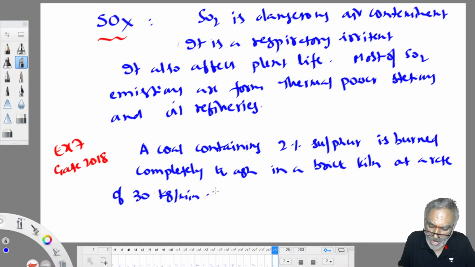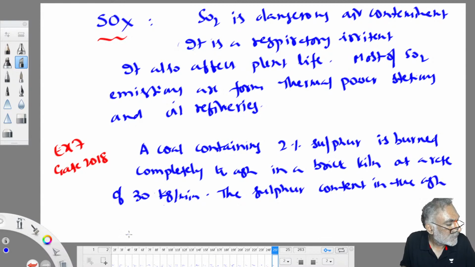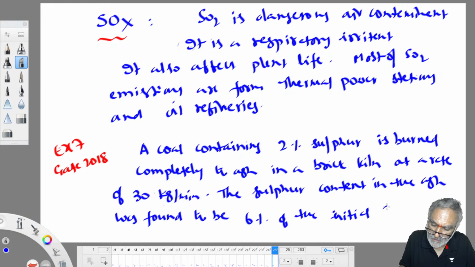The sulfur content in the ash was found to be 6% of the initial amount of sulfur present in the coal fed to the brick kiln.